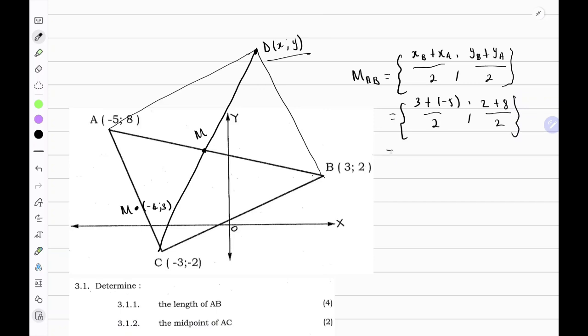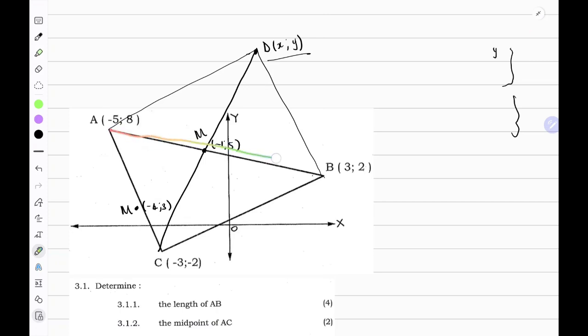So this is equal to 3 plus -5 is -2 over 2, and 2 plus 8 is 10 over 2. So therefore the midpoint of AB is equal to -1 and 5. So the coordinates for M are -1 and 5.